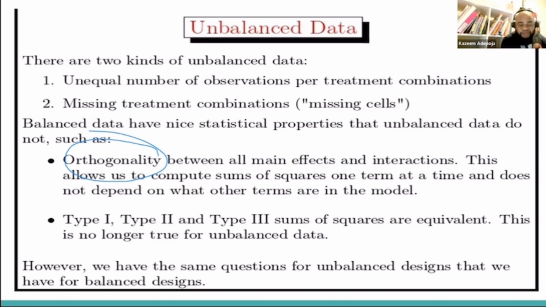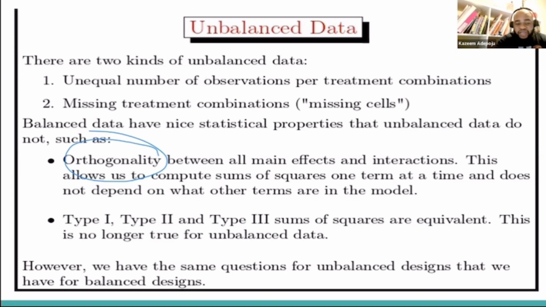Now, when you have balanced data and you are working with maybe 2-way or 3-way analysis of variance, the main effect, the interaction effect, whatever effect that you want to test, they are orthogonal. Orthogonal means they are independent. Independent means when you figure out one, it does not depend on the other one. That's what we mean by orthogonality.